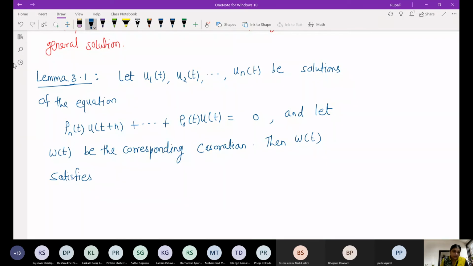If W(t) is the corresponding Casoratian, then W(t) satisfies the equation W(t+1) = (-1)^n p0(t)/pn(t) W(t). Again, this is a first order equation. We have to prove this one.